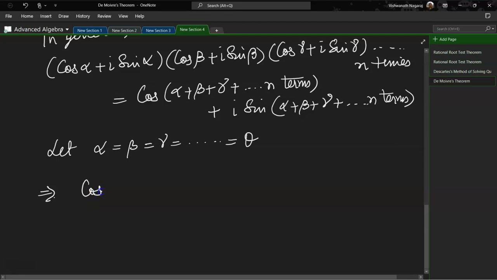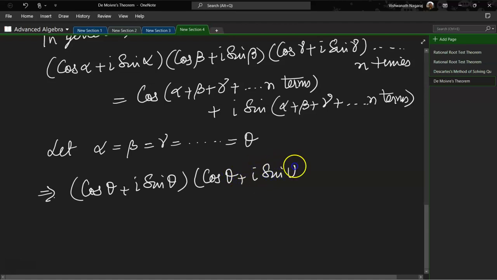It will mean cos theta plus i sin theta. We are replacing alpha, beta, gamma with theta. Similarly again, cos theta plus i sin theta, cos theta plus i sin theta, and so on up to n times.